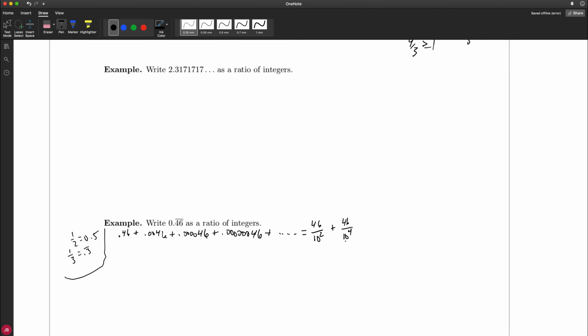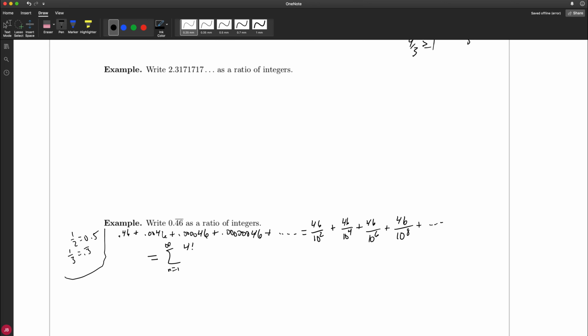You guessed it. What do you think the next one is? 46 over 10 to the 6th, probably, yeah? Plus 46 over 10 to the 8th, maybe, and so on. And so we see that this repeating decimal is actually an infinite series. It's the sum n equals 1 to infinity. Let's see if we can somehow find what we're adding up here.